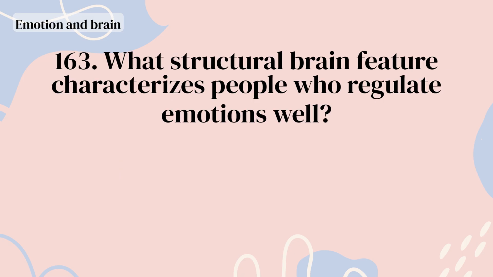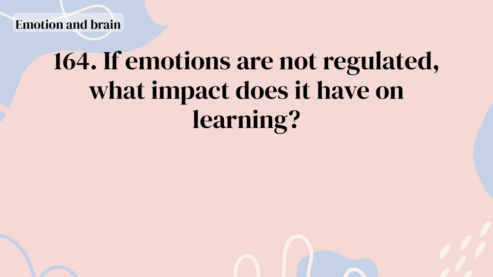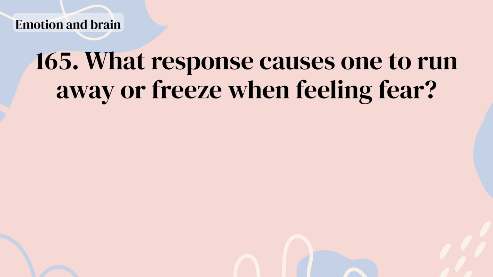What structural brain feature characterizes people who regulate emotions well? A well-developed frontal lobe. If emotions are not regulated, what impact does it have on learning? Decreased concentration. What response causes one to run away or freeze when feeling fear?